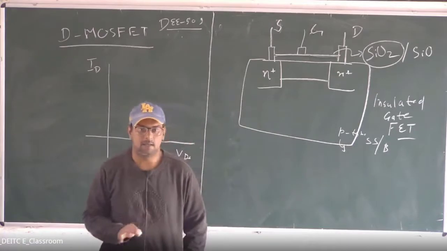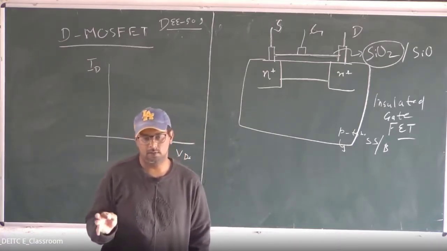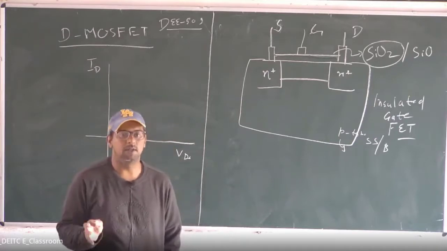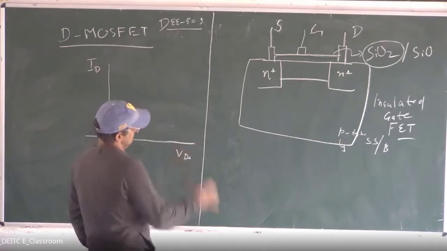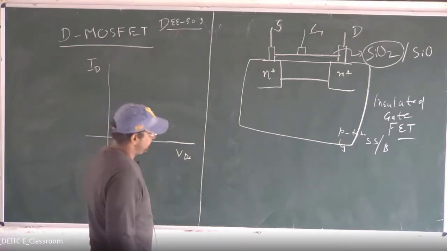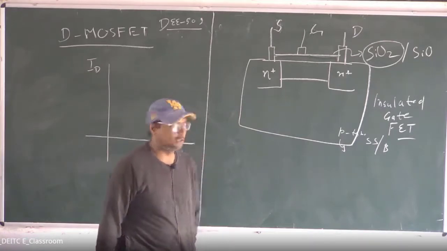In this lecture, I will recapitulate all the working briefly. I will rediscuss the working and the characteristics that we have seen in the previous lecture. How can we obtain that characteristics?